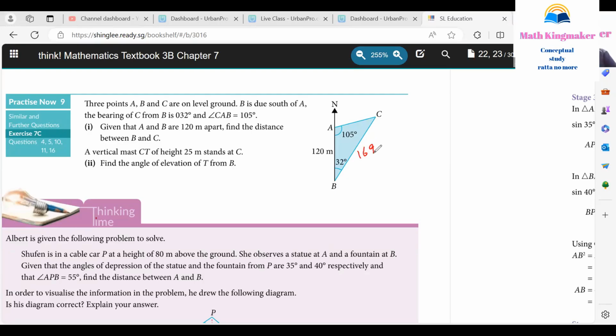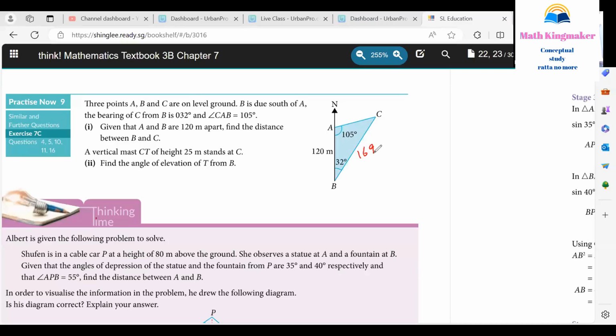A vertical mast CT of height 25 meters stands at C. Find the angle of elevation of T from B. Just check your answer with the book. 169. So the first one? Yeah. So they got 170. Does that count? Yeah, okay, no issues. 170 is just closer to 169.